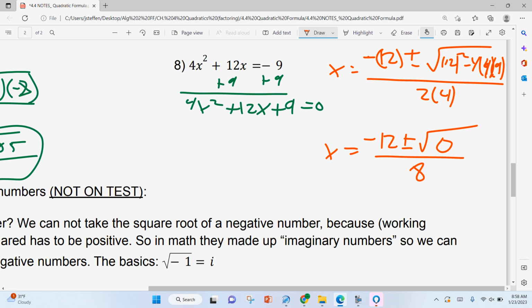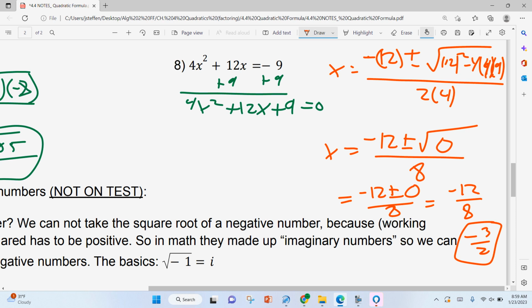The square root of 0 is just 0. So this one, you end up with plus or minus 0 over 8. Whether you add 0 or subtract 0, it's the same, right? So this ends up being negative 12 over 8, and that we can reduce. If you divide both by 4, you end up with negative 3 over 2, which is negative 1.5.